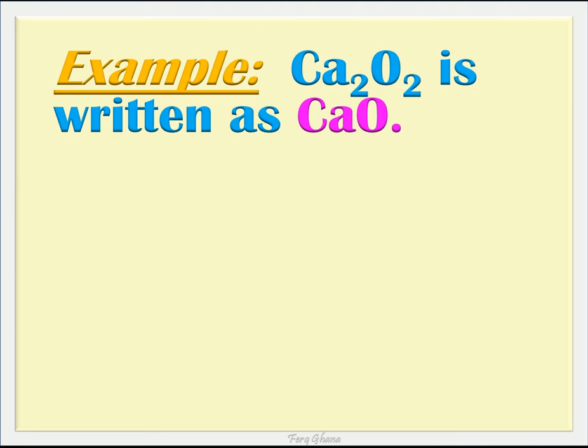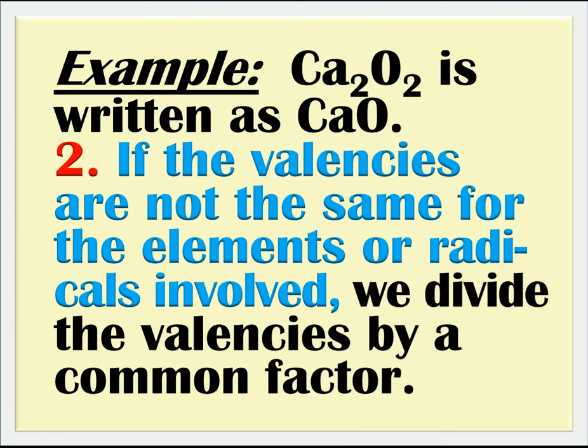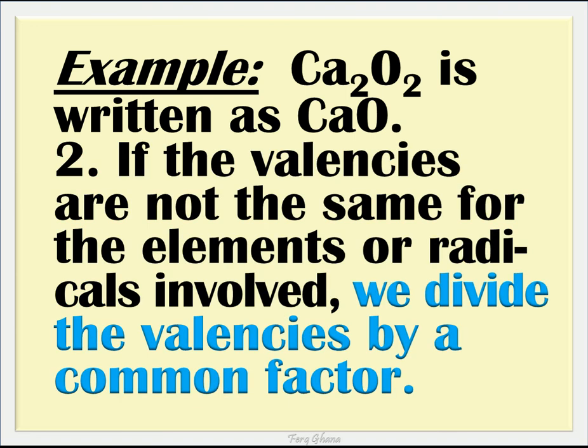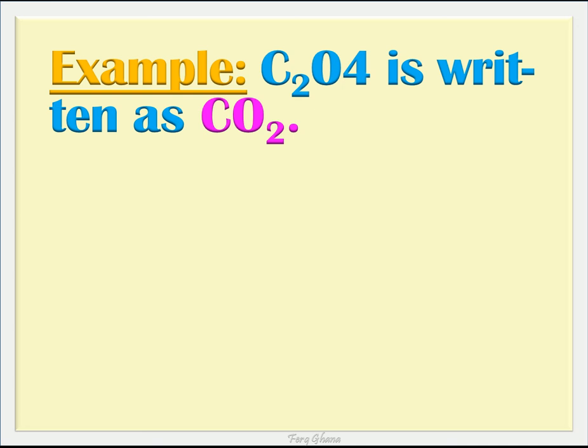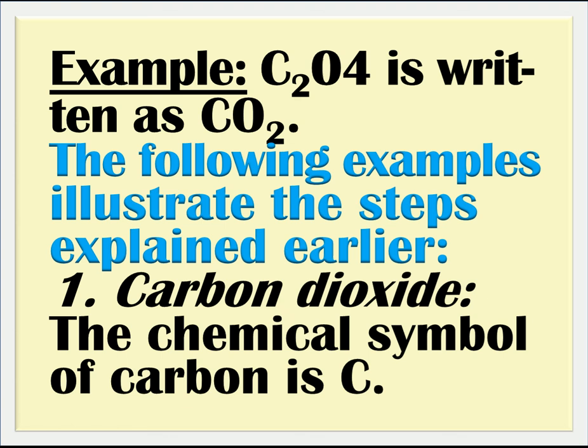Example: Ca2O2 is written as CaO. 2. If the valencies are not the same for the elements or radicals involved, we divide the valencies by a common factor. Example: C2O4 is written as CO2. The following examples illustrate the steps explained earlier. 1.